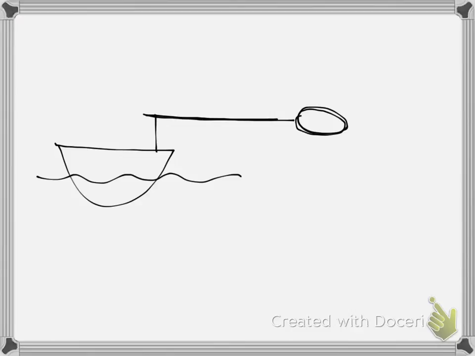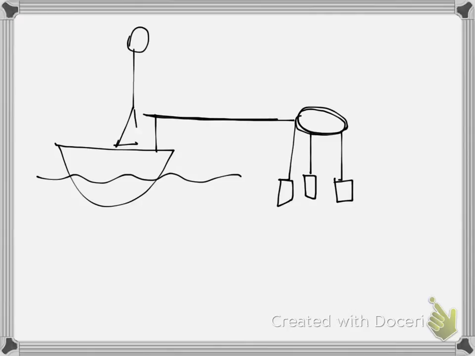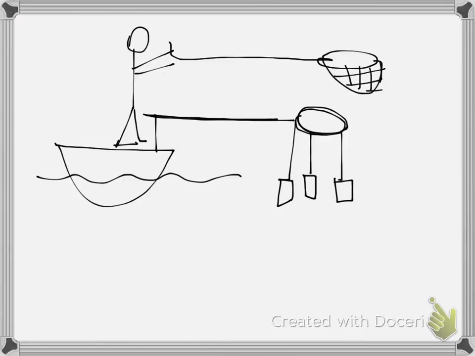Hanging off of that loop are a bunch of electrodes, and they're on little alligator clips, and you hook them onto the tube. And there is a person standing up here with a net, and they've got their foot on a pedal.